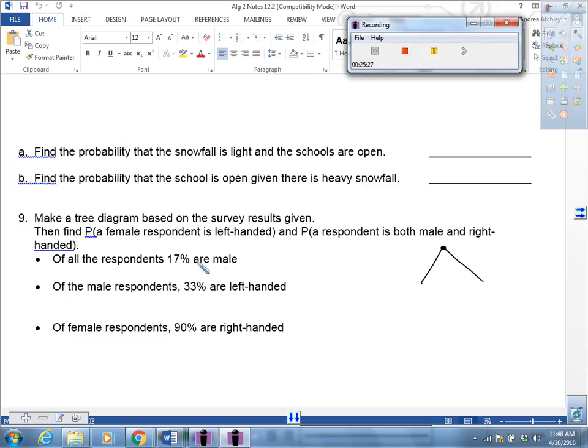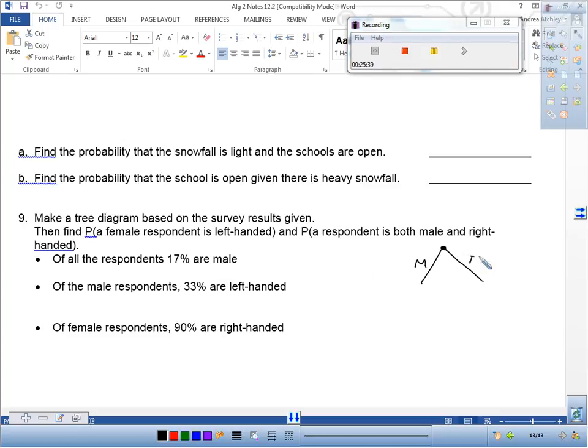Of all the respondents, 17% are male. So this is going to be male, this is going to be female. So we should have 0.17 here. And then 0.83. Thank you. Right here. Then of the male respondents, 33 are left-handed.